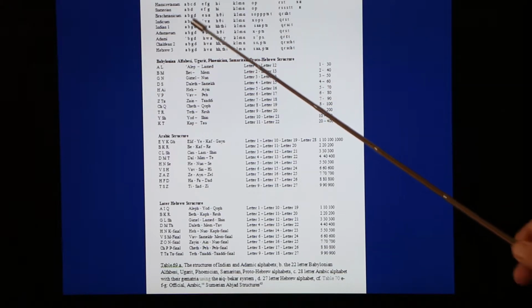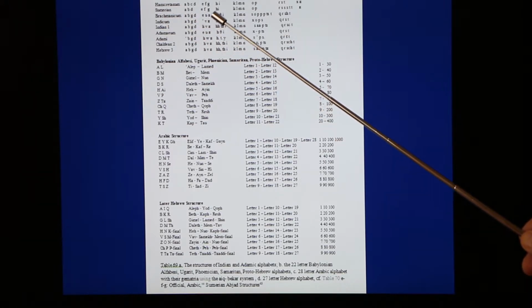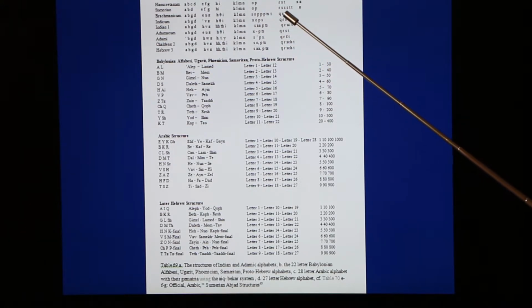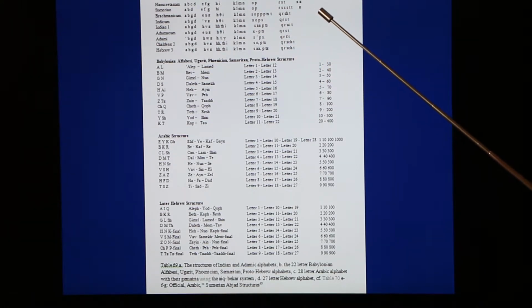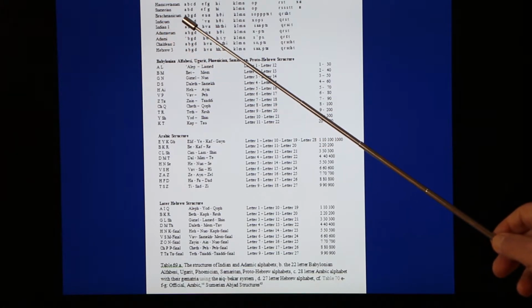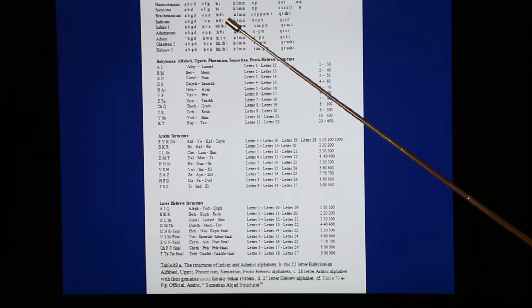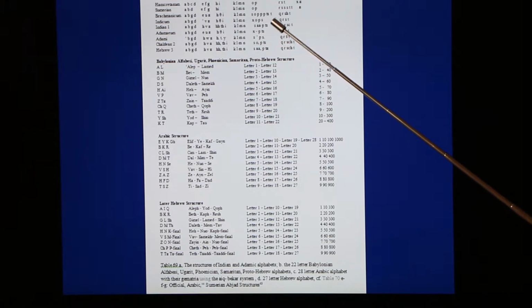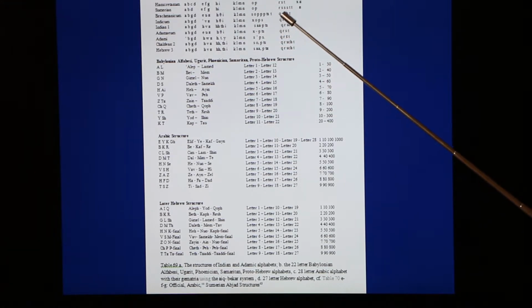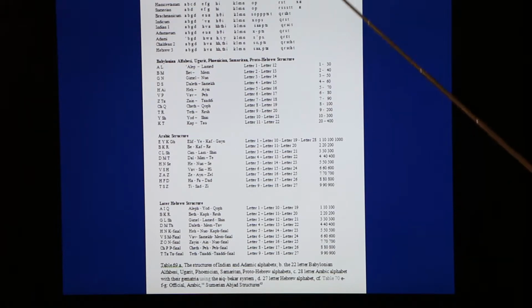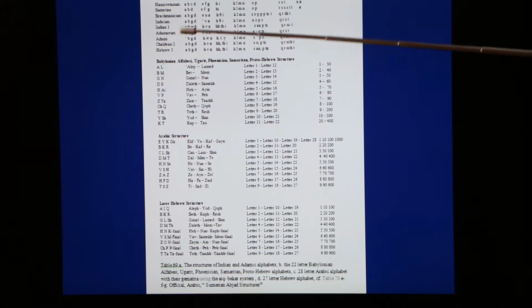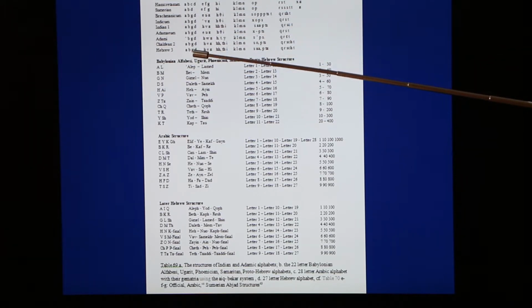Sumerian, ABD, E, F, G, H, I, K, L, M, N, O, P, R, S, T, Z. Brahmanicum, A, B, G, D, E, U, Z, H, T, I, K, L, M, N, S, O, P, T, S, T, Q, R, S, H, T. Indicum, A, B, and so on. Indian, Adamaeum, Adami, Chaldean, and Hebrew 3.